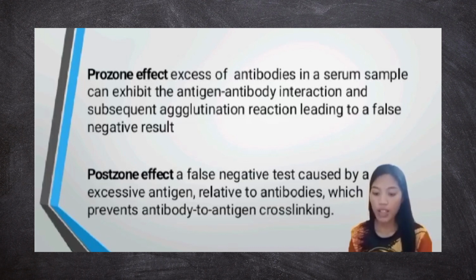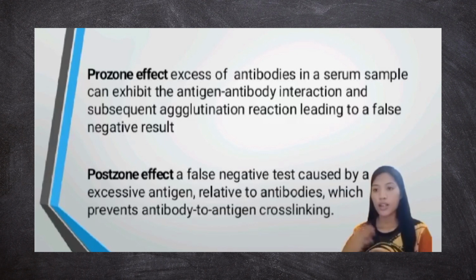Agglutination reaction is similar in principle to precipitation reactions. Just as an excess of antibody inhibits precipitation reactions, excess antibody can also inhibit agglutination reactions. This inhibition is called the prozone effect.